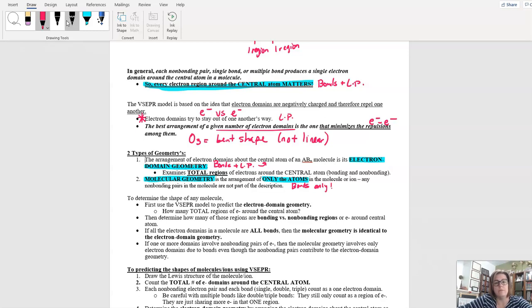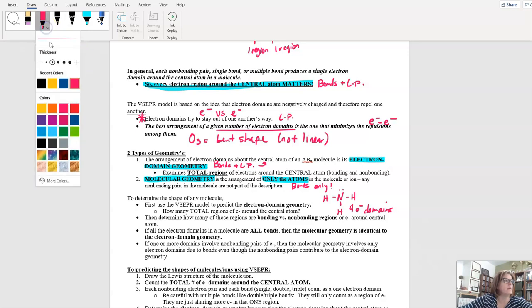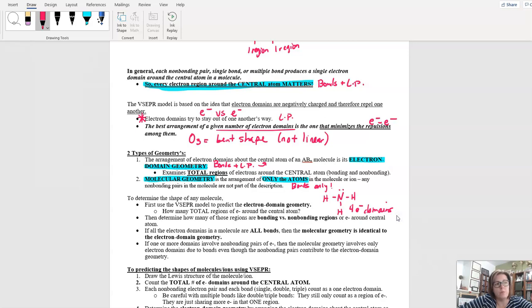So if you have a structure like the ammonia one, the electron domain has 4 electron domains. Okay, let me try to make the writing not so thick. There we go. Because we have 3 bonds and 1 lone pair, that is 4 electron domains.